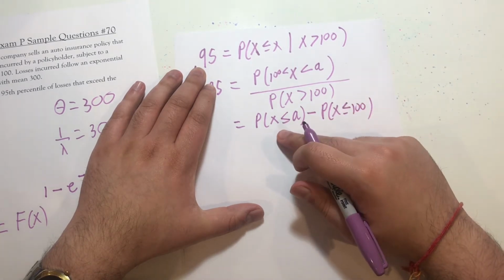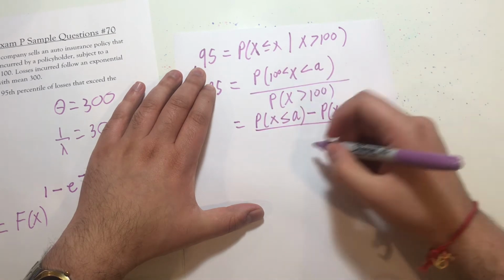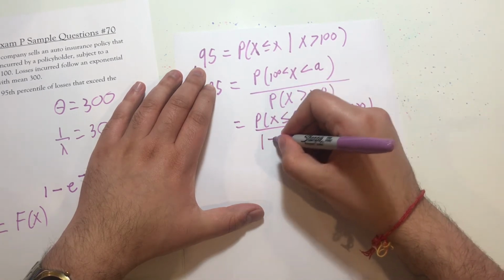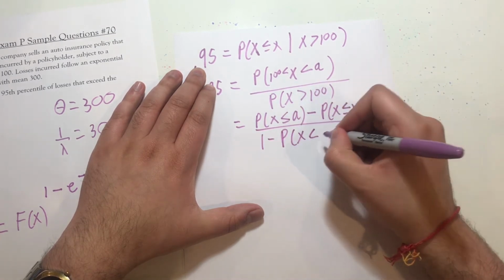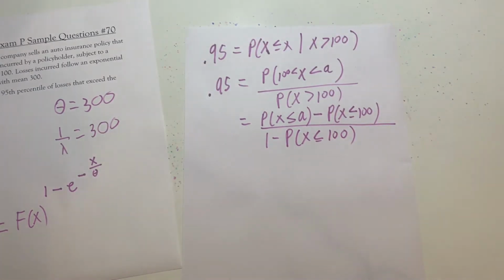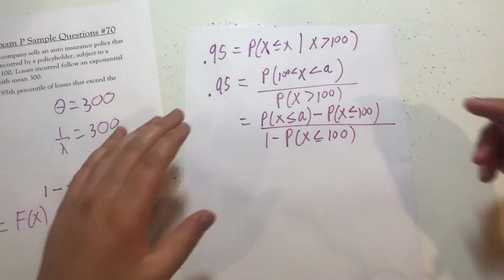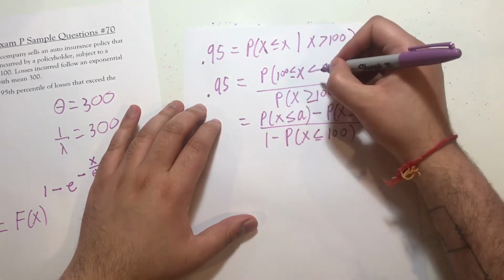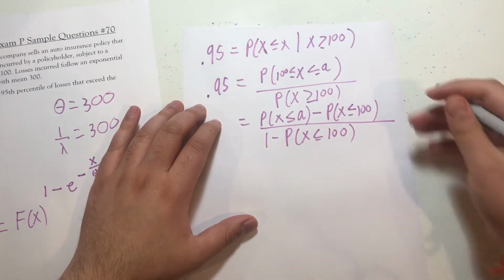And that's a CDF, over 1 minus the probability that x is less than 100. Or less than or equal to, it shouldn't matter. Just for consistency's sake, right?